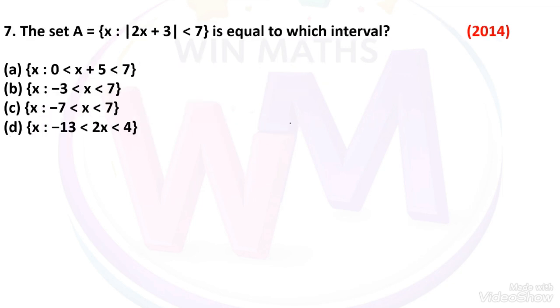Question number 7. The set A is equal to x such that modulus of 2x plus 3 less than 7 is equal to which interval?